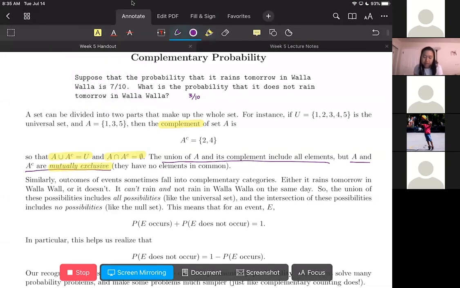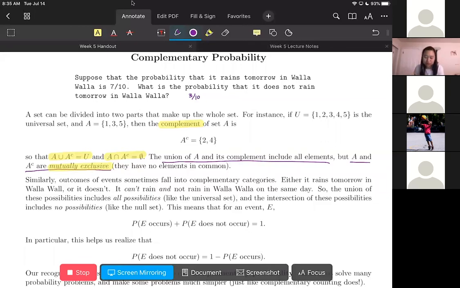We can apply this to probability because sometimes we have outcomes of events that fall into complementary categories. In this case, it's very simple. Either it rains tomorrow or it doesn't. And in particular, for the mutually exclusive part, it can't both rain and not rain. It has to either rain or not rain.